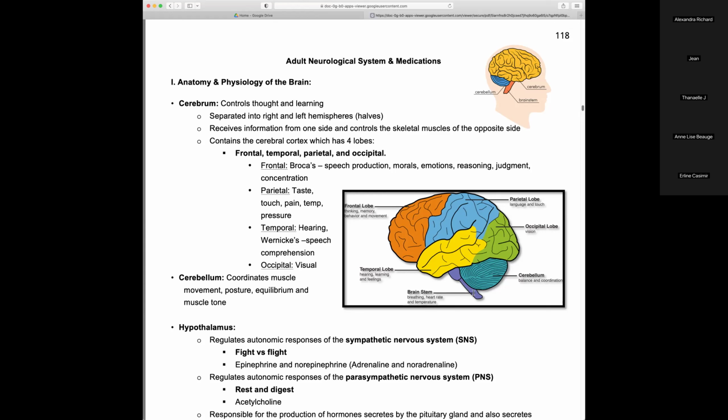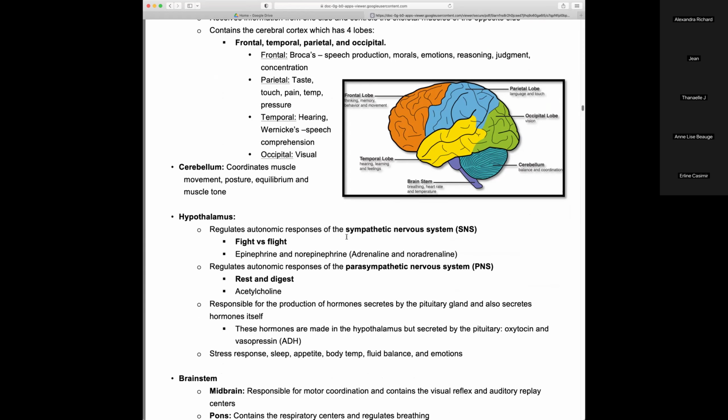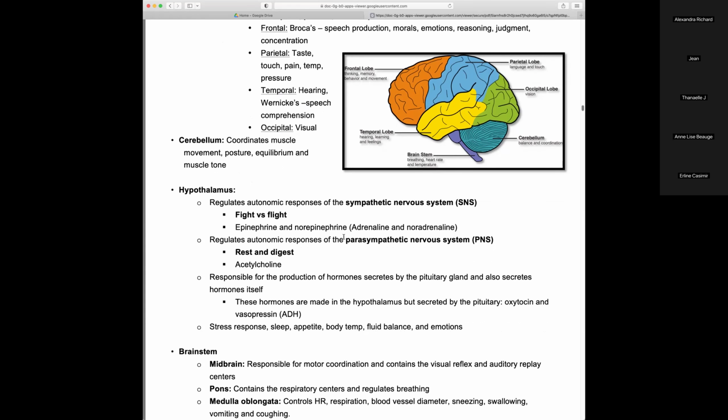Okay? So, we're not going to get into details of what each lobe does because it's here and you can read it. I'm going to focus more on what is going to be on your NCLEX. Now it talks about a portion of the brain called the hypothalamus. The hypothalamus, I want you to memorize these 2 bullet points here.